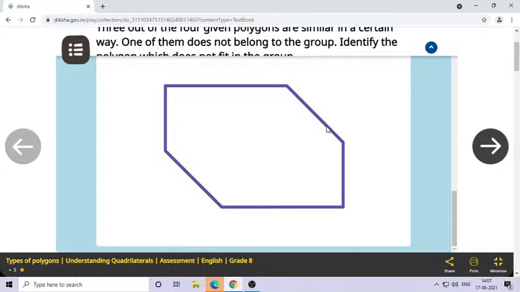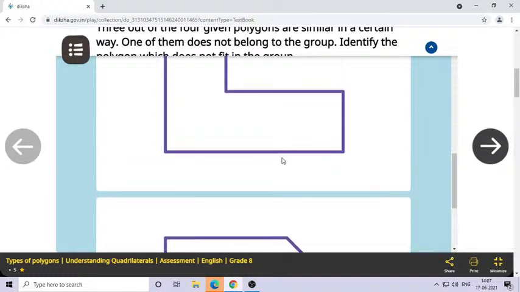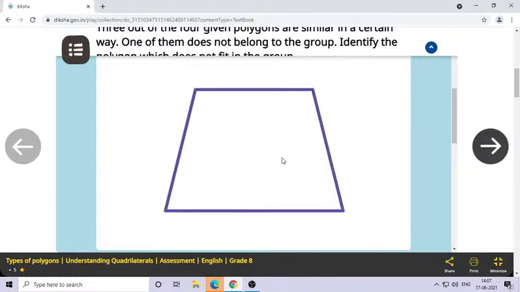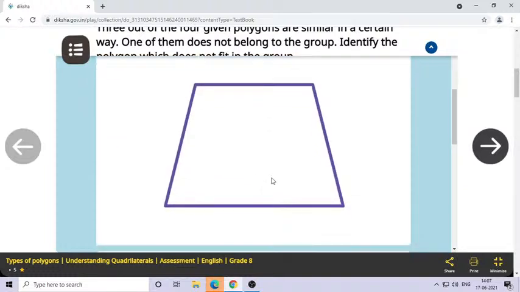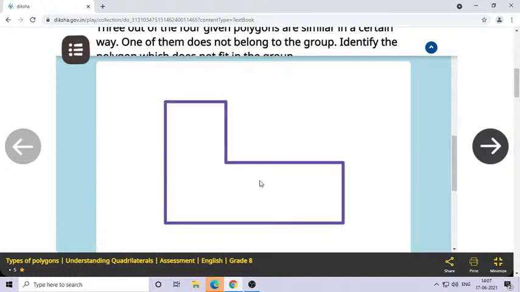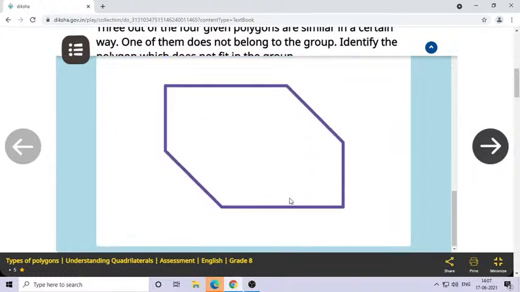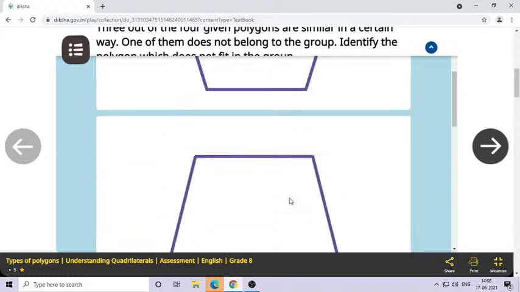So now, which figure is totally different from this? You can see the figures: one is a pentagon, another is a trapezium, and the third and sixth are hexagons. So which figure is different?